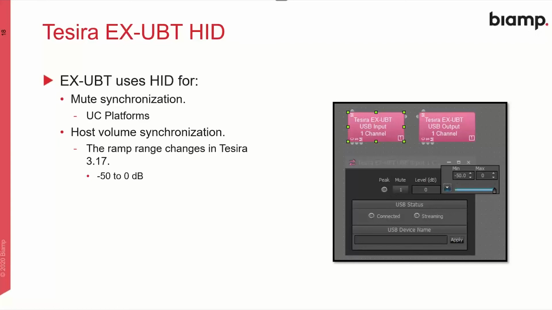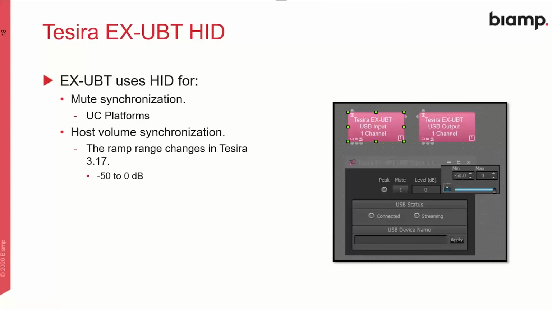And they noticed that when the host PC, the UC NUC PC, was used for volume ramping, the range looked different and the behavior looked different on the host PC than it did in the third-party control system. And we documented it, engaged engineering, and sure enough, there was a major difference.